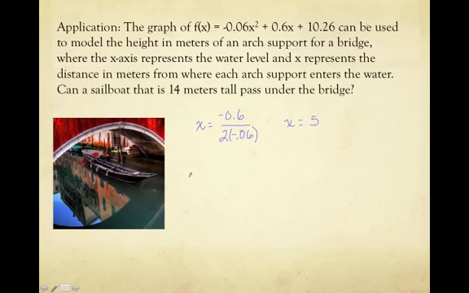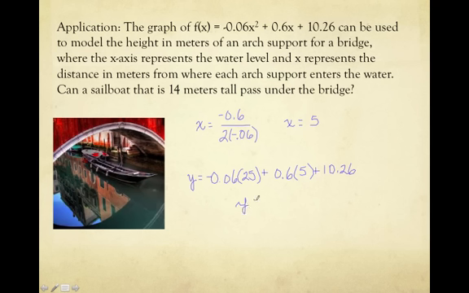And then I'm going to plug in my x value to find my y. Negative 0.06 times 5 squared, or 25, plus 0.6 times 5, plus 10.26.